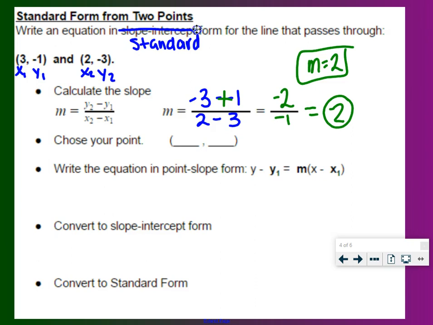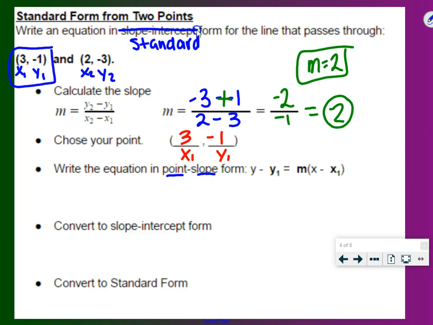Choose your point. We need to write an equation in point-slope form to start off. So choose that first point, x1, y1: 3, -1. Write your equation in point-slope form to start with. So we do y minus y1 equals m times x minus x1.